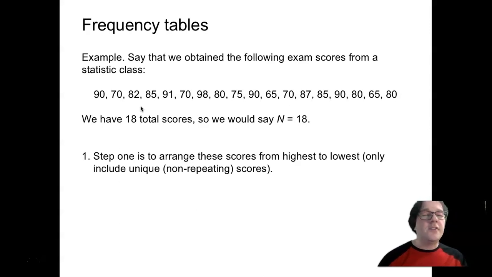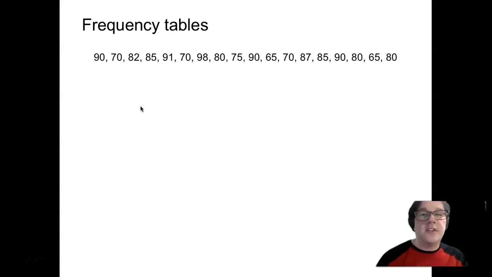Step 1 is to arrange these scores from highest to lowest, and we only want to include the unique scores. So we don't want to include repeating scores. We only want to include non-repeating scores. So let's just do it.